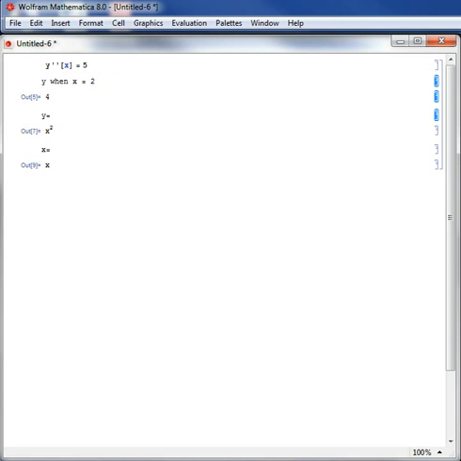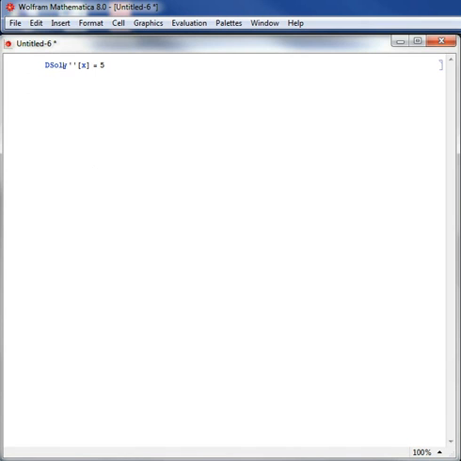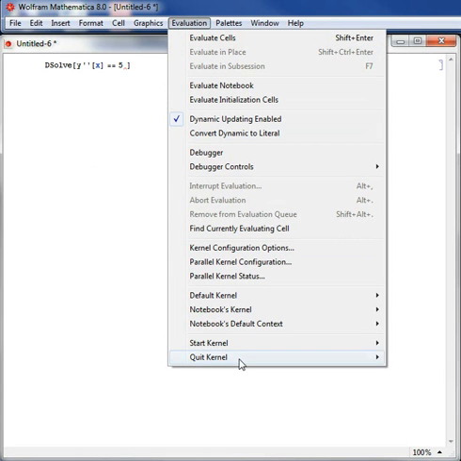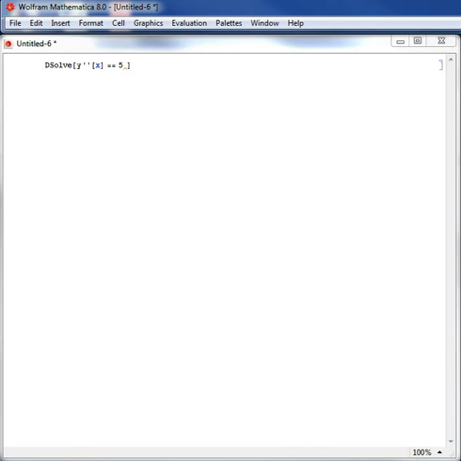Now, this is a second order differential equation, which means I need two boundary conditions. I can solve it without assigning any boundary conditions. I could say differential equation solve, open square bracket. This is my differential equation, but I have to put 2 equal. I'm just going to start from scratch.